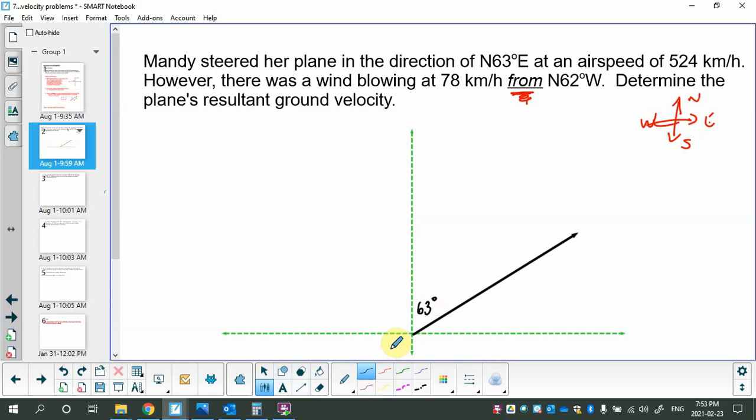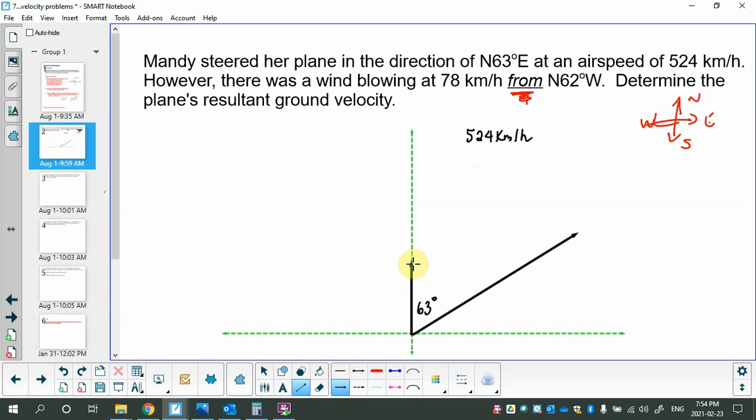Next thing, there is a wind, and that's 524 kilometers an hour. But I don't want to just dump it onto the picture anywhere. I want to make sure it's on the outside of the triangles we make. So I'm going to leave it here and move it into place in a second. Now this from. If the wind is coming from north 62 degrees west, and it's 78 kilometers an hour, that means it's a shorter line than we had before, and I actually have this arrow in the wrong direction.